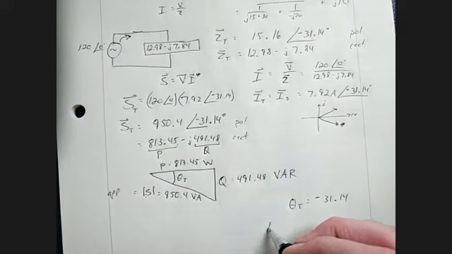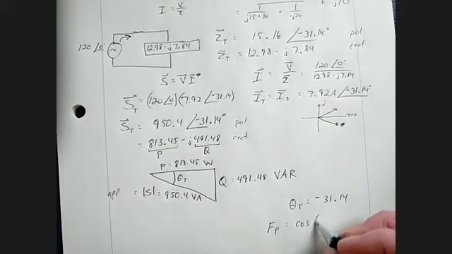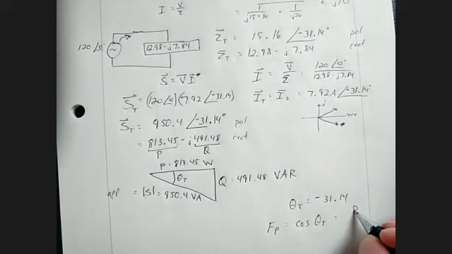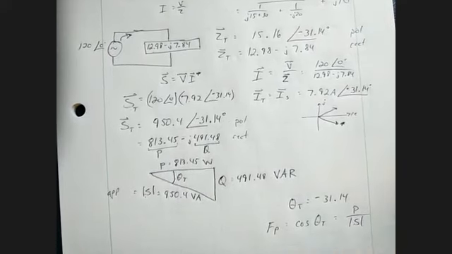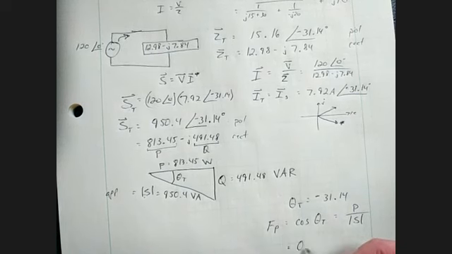If I was asked for the power factor, I could either take cosine of theta T or I could take P over S. And either way, I'd get the same answer of 0.856.